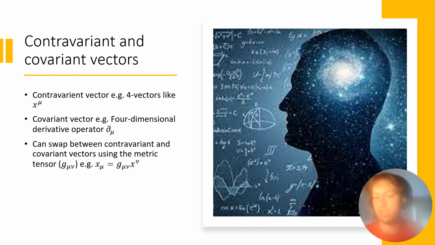So the metric has two roles. Firstly, to allow us to define distance, and secondly, to allow us to swap between a contravariant vector and a covariant vector. And we've got an example here where we're transforming contravariant four position into covariant four position using the metric tensor.